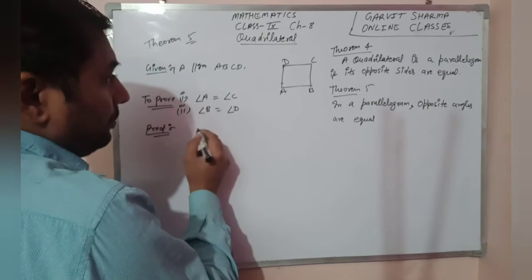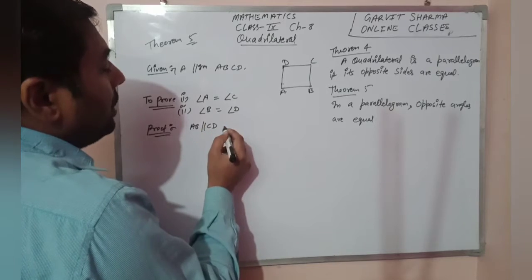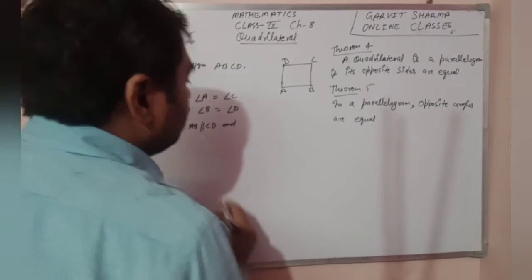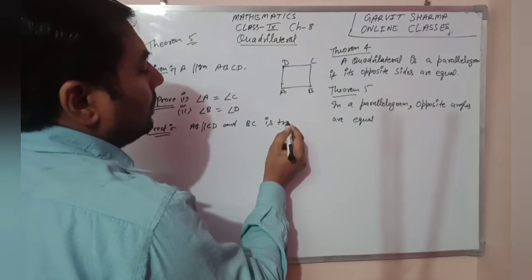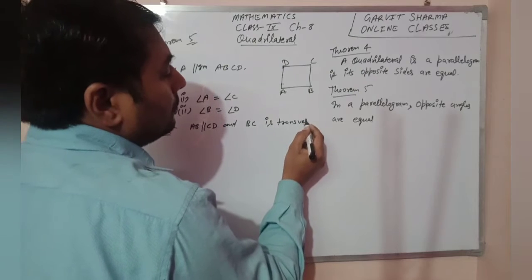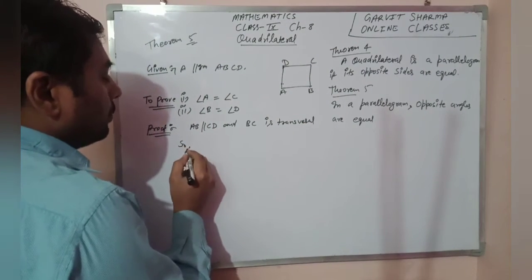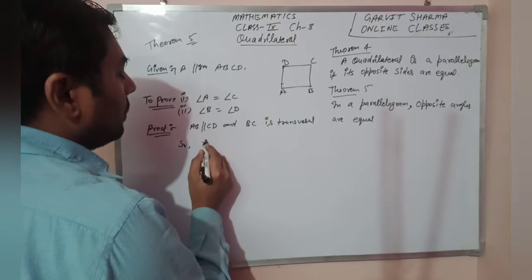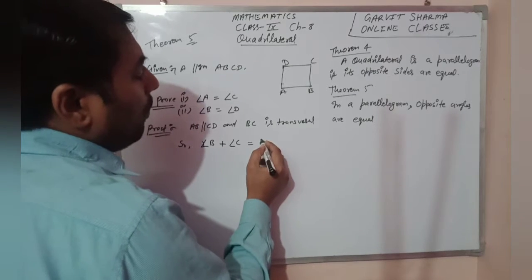AB is parallel to CD, and BC is the transversal. So angle B plus angle C will be equal to 180.